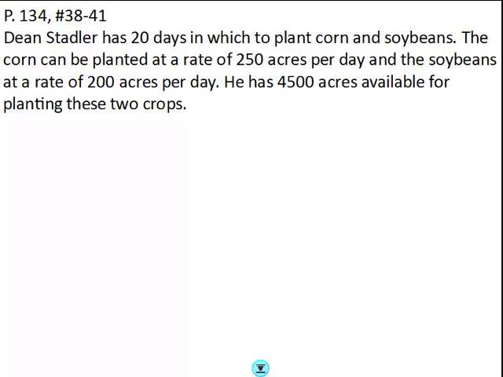Okay, so our first task is always to define the variables. Hopefully you'll recognize that the two questions we need to answer are how many acres of corn are we going to plant and how many acres of soybeans. So the obvious choices for variables are C for corn, the number of acres of corn, and S for soybeans, the number of acres of soybeans.